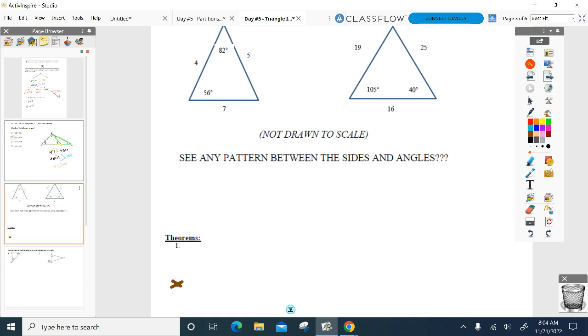See if there's any pattern you can establish. It might be just, you don't have to get too complex.